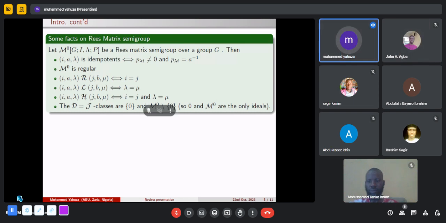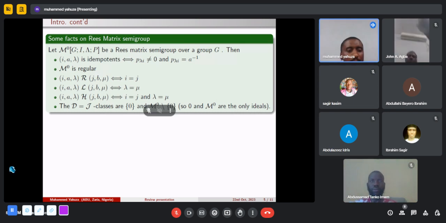(i, a, lambda) is R related to (j, b, mu) if and only if i is equal to j. Likewise, this element is L related to the other element if and only if lambda is equal to mu.